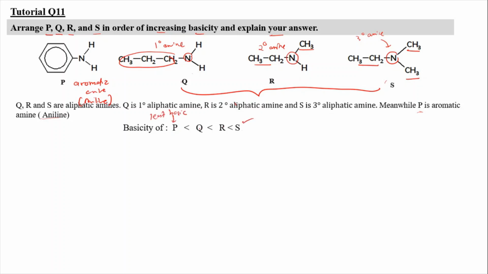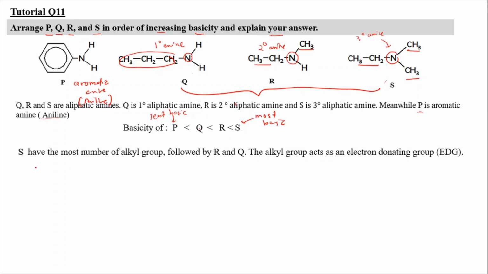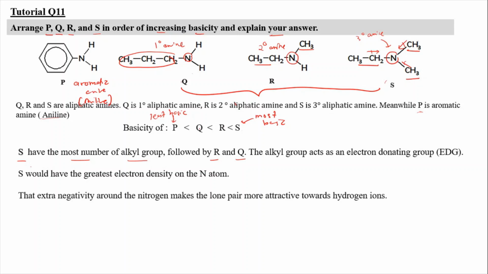S here is the most basic. As for the explanation, S has the most alkyl groups, followed by R and Q, and the alkyl group here acts as an electron donating group. So it will donate more and more electron density towards nitrogen, and hence make the nitrogen more negative. And it will have the most electron density on the nitrogen atom.